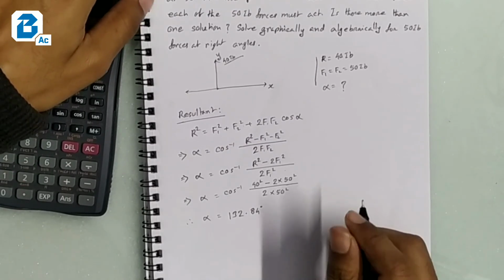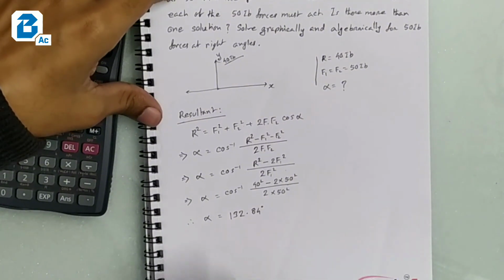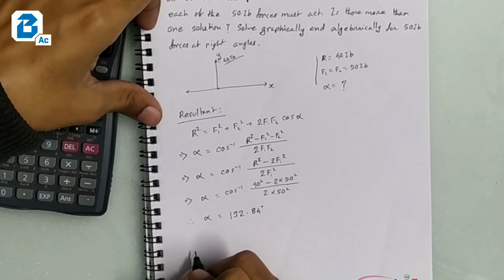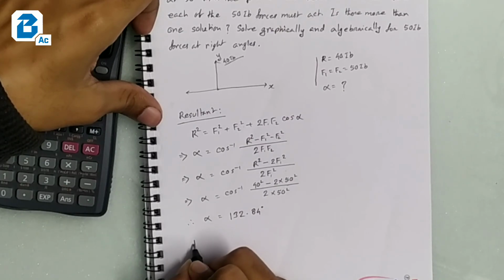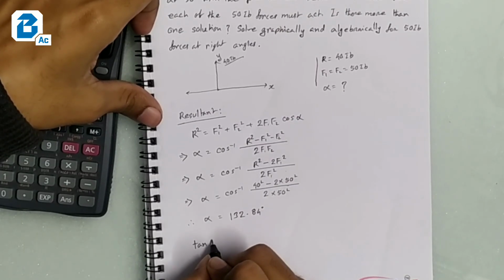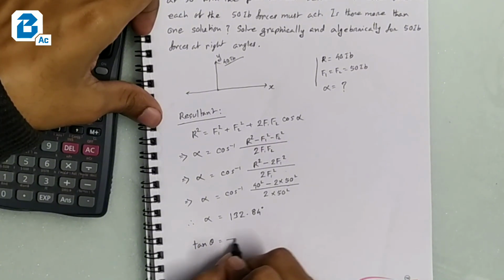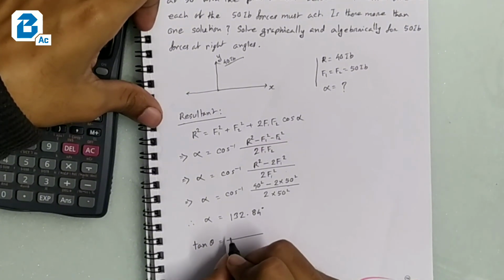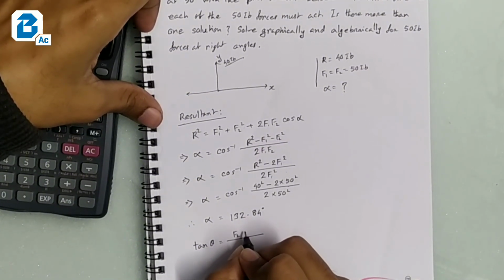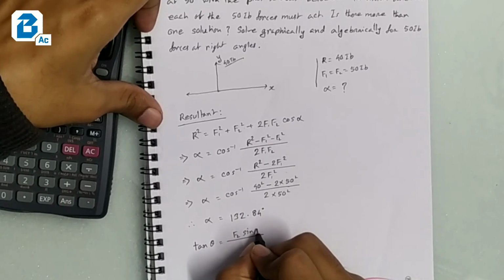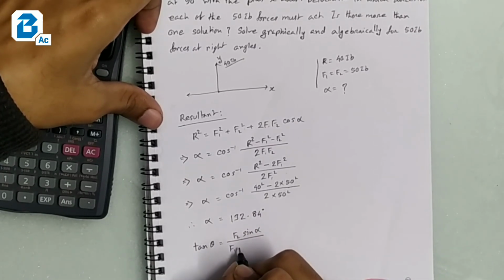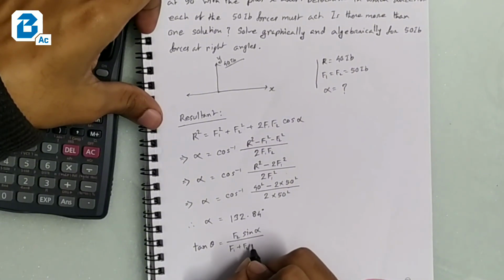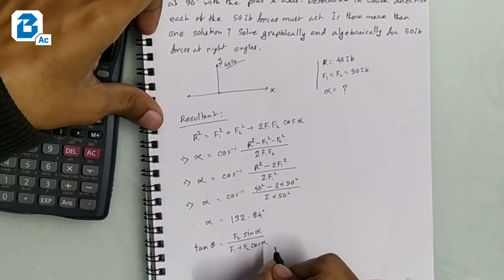But if we want to visualize it, we have to find the angle between one force and the resultant. So let's find out, and for that we will use this formula. Tan theta is equal to F2 sine alpha divided by F1 plus F2 cos alpha.